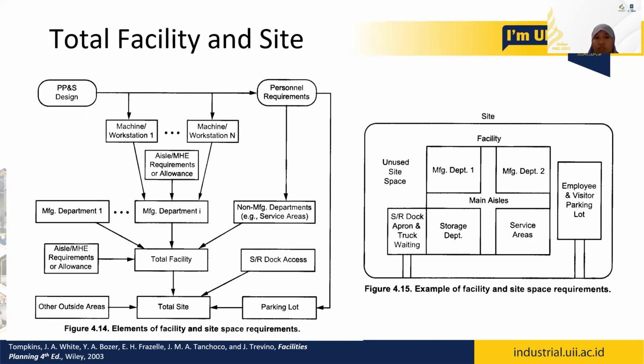So for the transportation, it's going to be for aisles, and then based on the personnel requirement, you can calculate the non-manufacturing department, service area, meeting, etc. And then you can just sum up all the manufacturing departments plus non-manufacturing departments as the total facility.